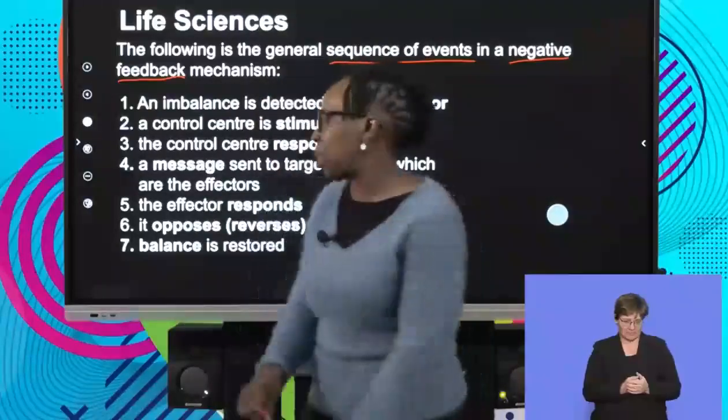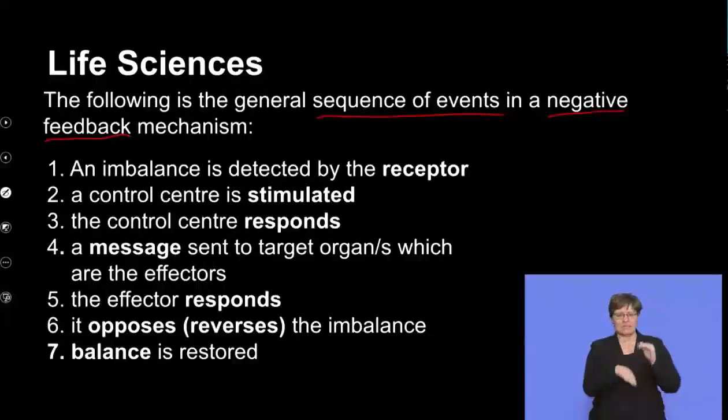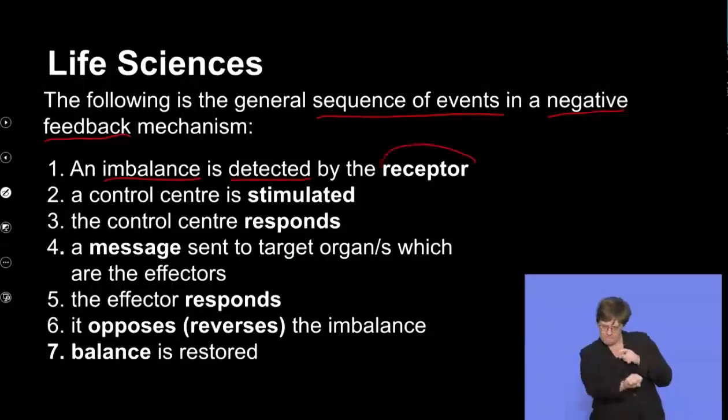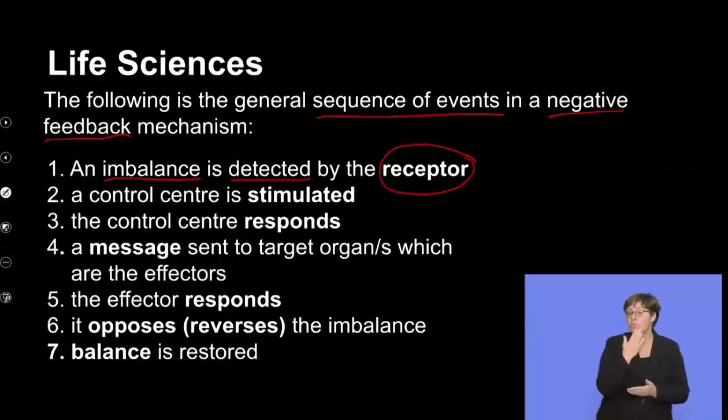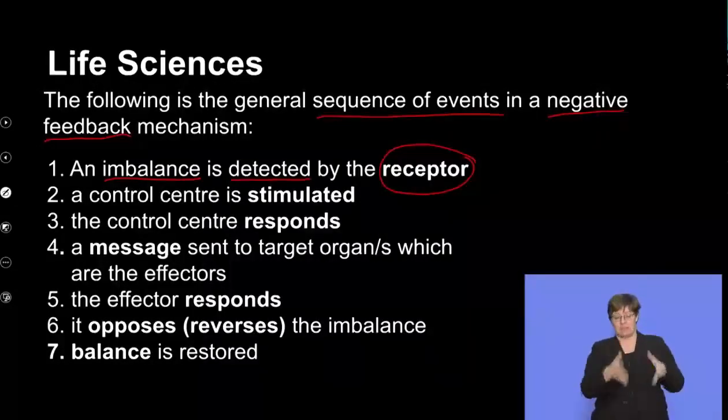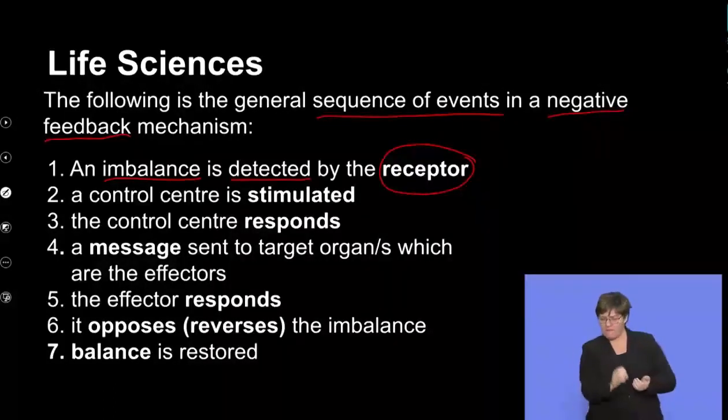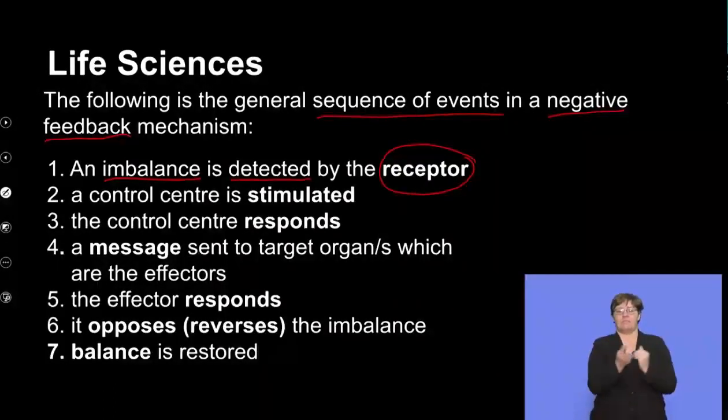What are these steps? The first thing that will happen is the imbalance that will be detected. But this imbalance should be detected by the receptor. So, once the receptor detects an imbalance, something must happen. Let's see what is going to happen. Then the control center will be stimulated.